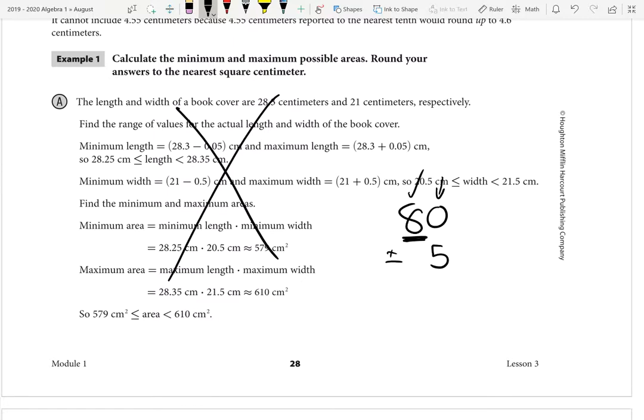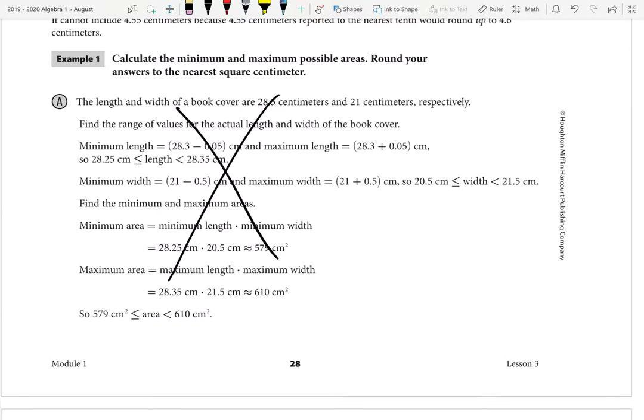I would add and subtract 5 in this one because my number is in the tens place, so my ones place will be where I add and subtract my value. So that would be your max and min there. If I had 83, the ones place is my significant value. So I'd have to go 1 place further over into the tens to do my half digits. It's always 1 place more.